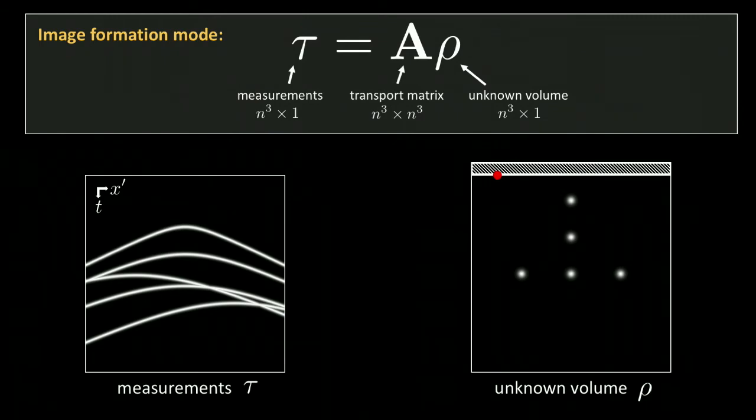So that's great, because what that means is that if you capture temporal measurements for how light reflects off a hidden object and back to a wall, you can just create a matrix A. A is known based off of the geometry of the wall and how light transport interacts with hidden objects. And all we need to do is invert A in order to recover an image of the hidden scene.